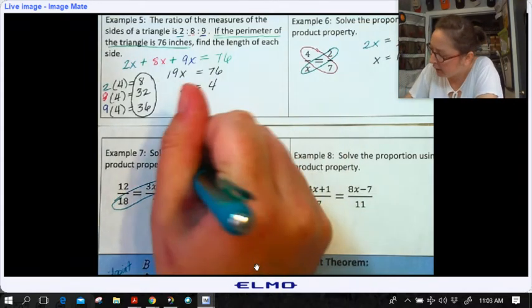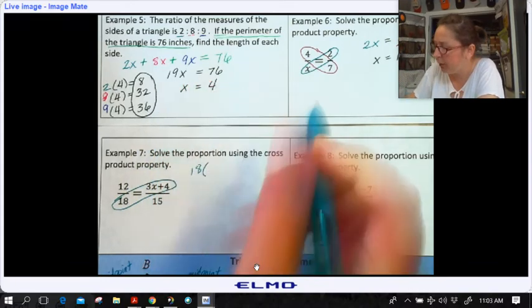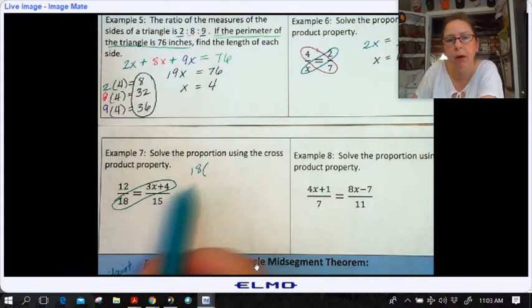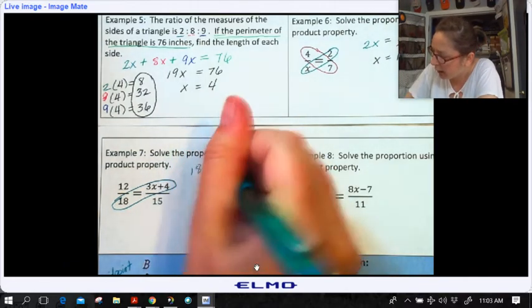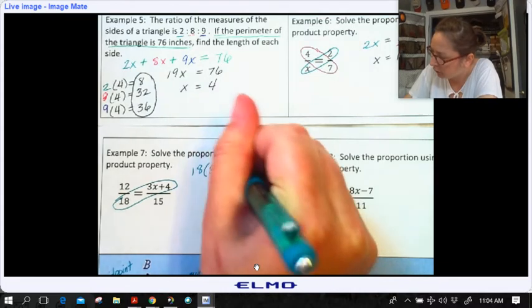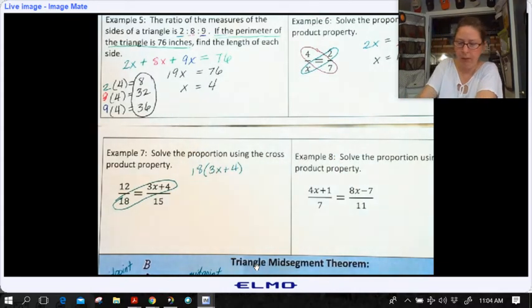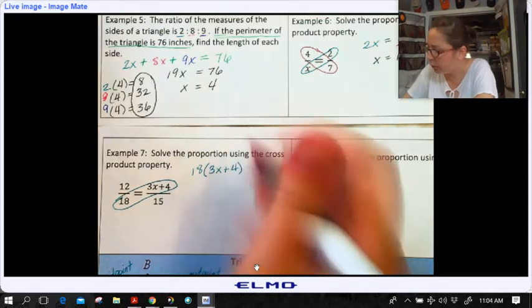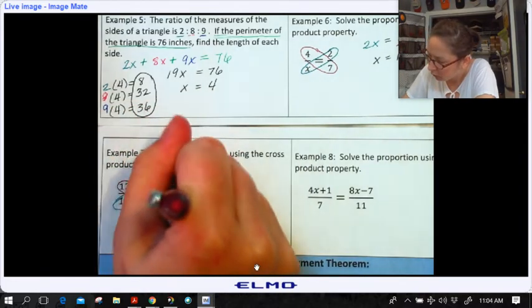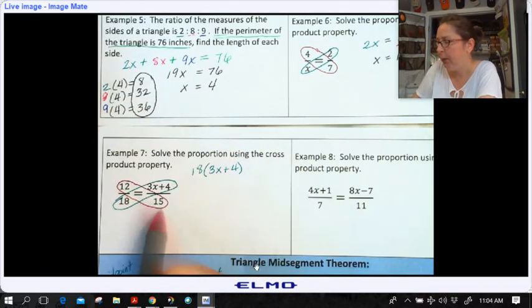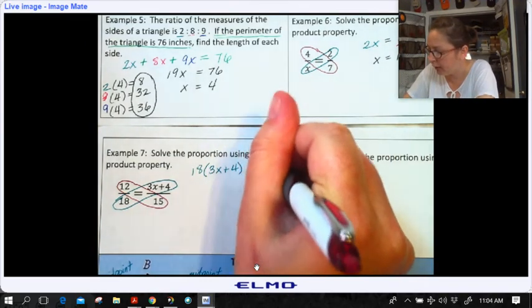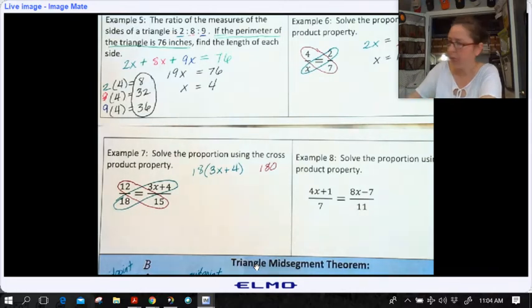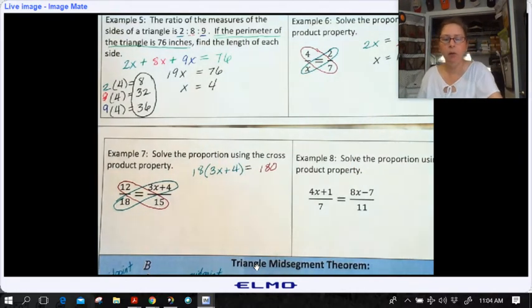I get 18 times, now because there's 2 terms here, I want to be certain that I use parentheses, okay? 3x plus 4, and that is going to equal 12 times 15. 12 times 15 is 180.